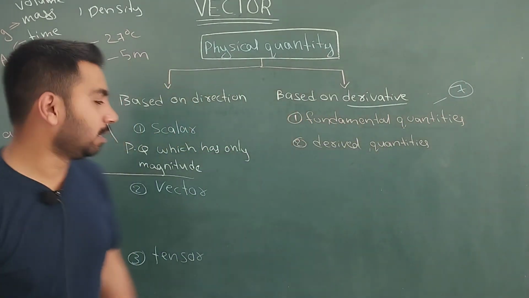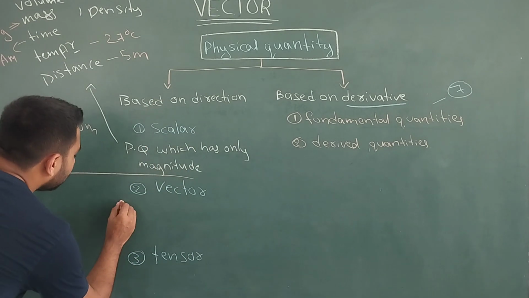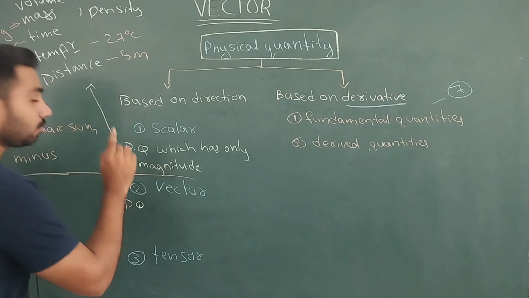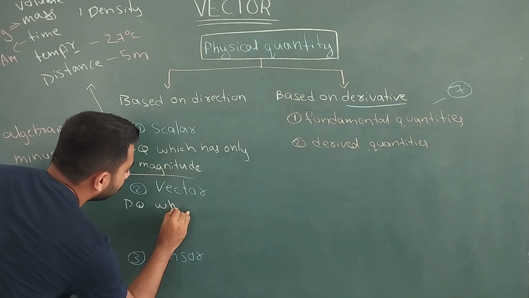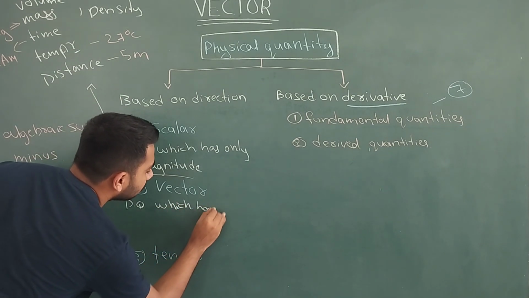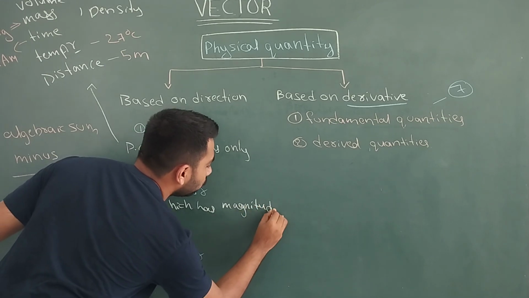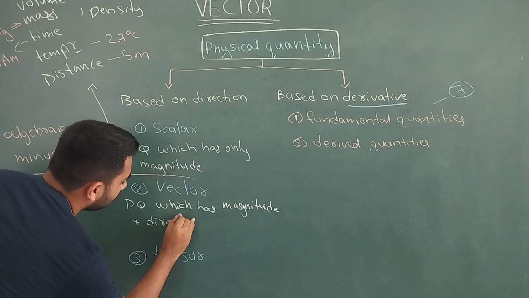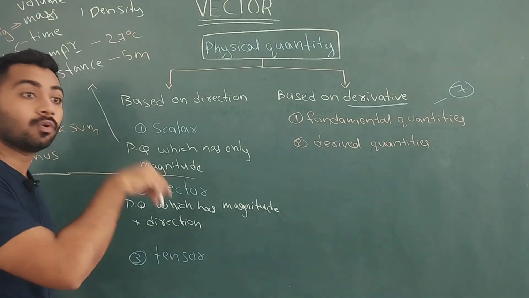So what do you mean by vectors? These are physical quantities. Let's write the first definition: physical quantities which have magnitude plus direction. That's it. No, there is one more thing.